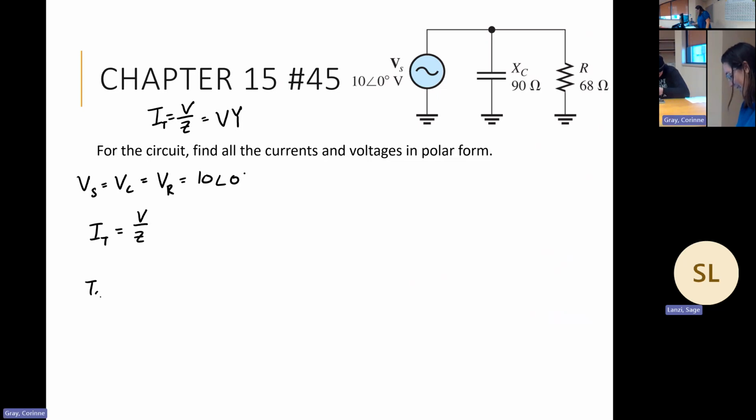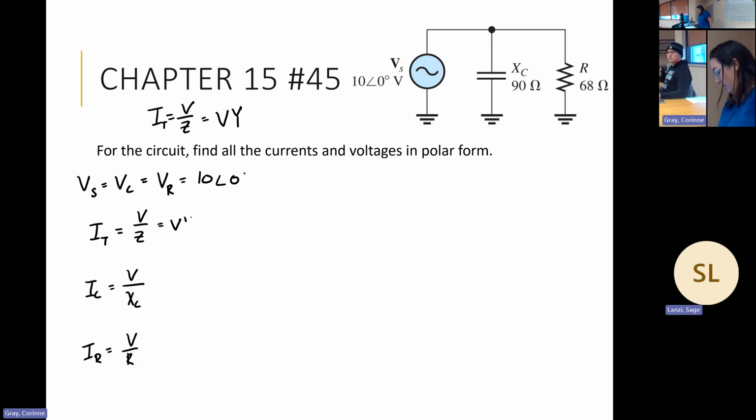For IC, I would use V over what? And then for the resistance, V over R. So if I'm going to use Z, these are the equations I'm going to need to use.